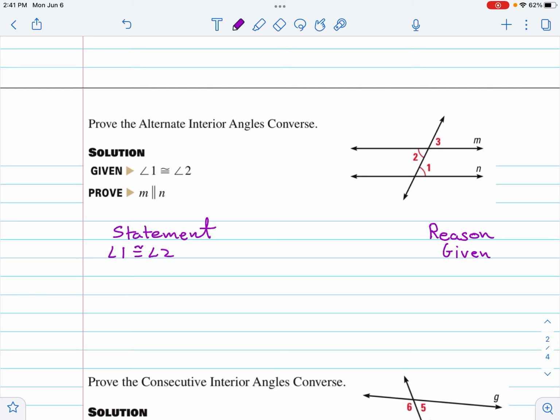Now we also know this, that angle 2 is congruent to angle 3. And the reason we know that is because they're vertical angles.